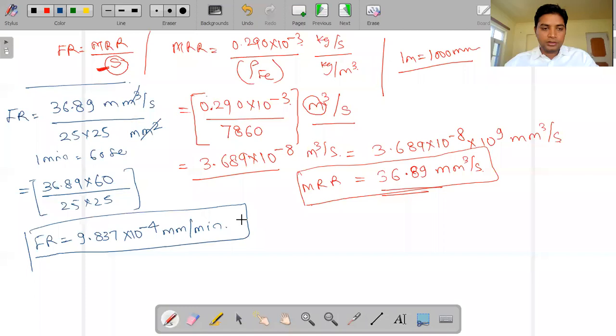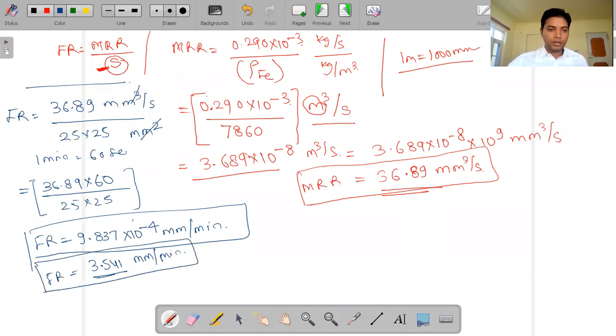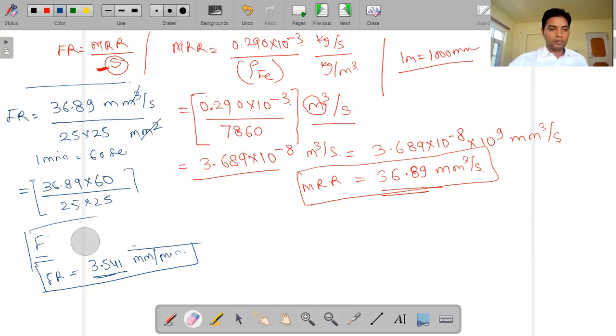I'm also getting 3.54. 3.541, exactly. Very good. Yes, Zunaid, this is 3.541, I'm also getting. Okay. So Aman, you please check this answer. So this is the feed rate that we are getting. Okay, guys, it's okay.